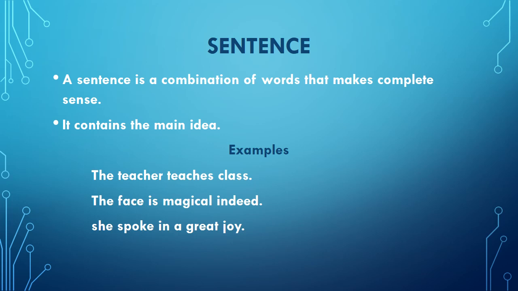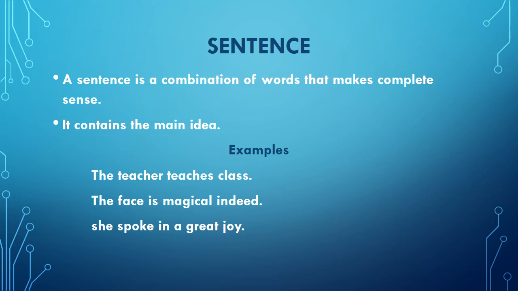So class, a sentence is the combination, the group of words that gives a complete meaning, thought or idea. For example, I ate an apple. This sentence gives you the complete meaning or idea.